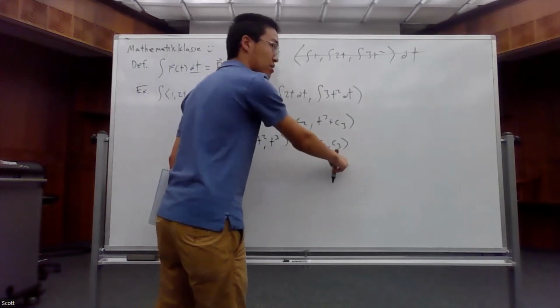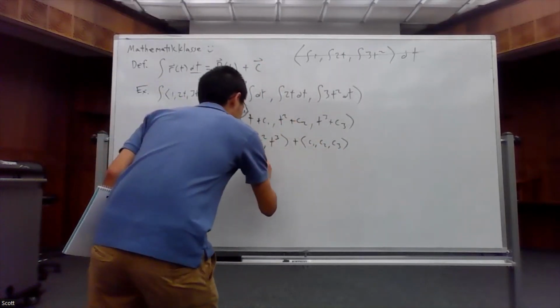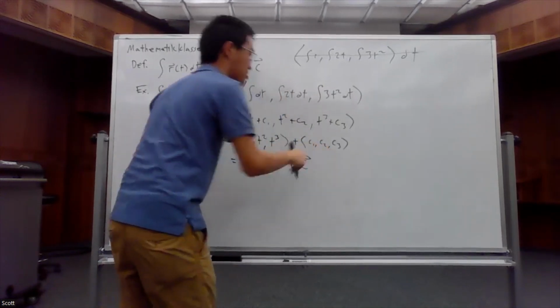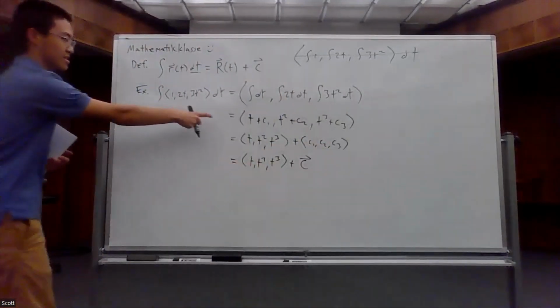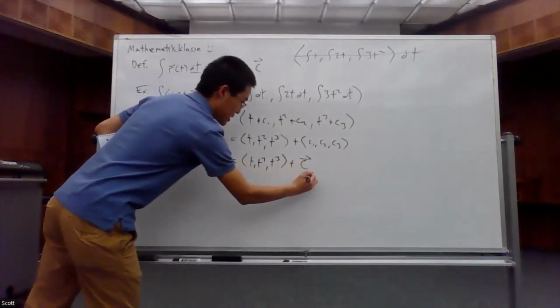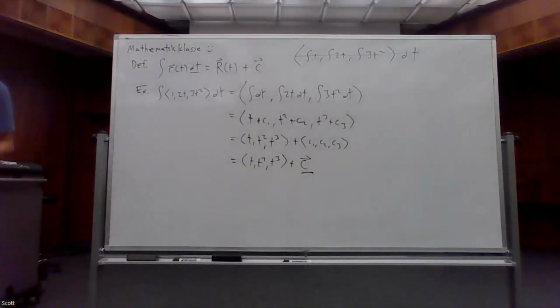It's just unnecessarily cumbersome. So you could just say t, t squared, t cubed plus C, and it's understood that those components are being gotten from here. But I wanted you to see what I really meant by this being a vector. That truly is a vector with components.